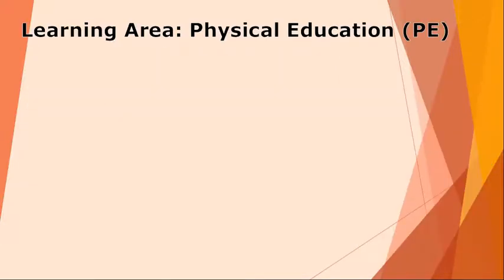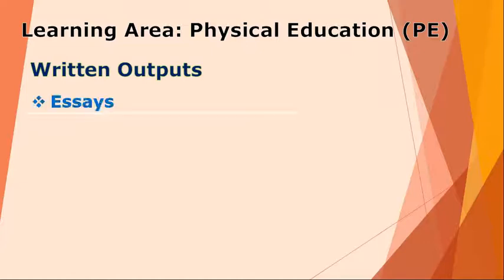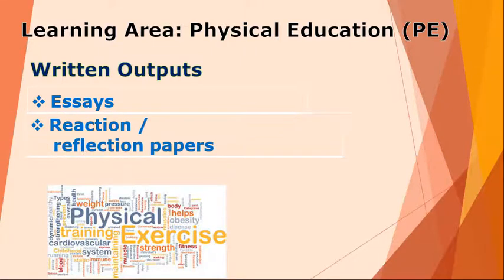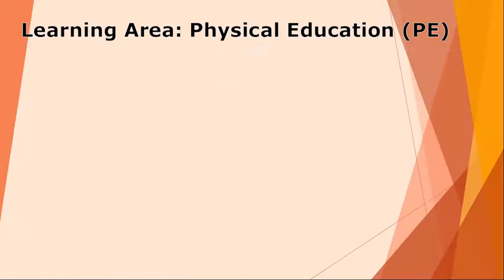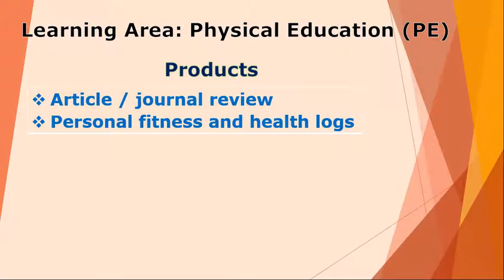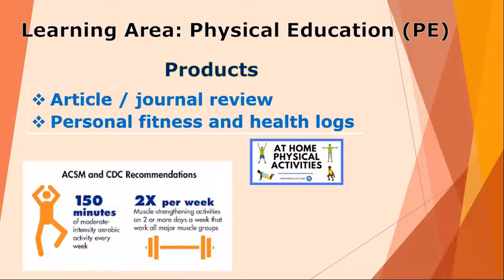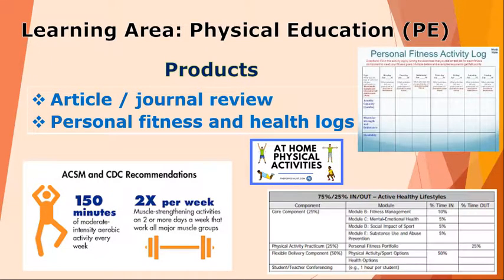For physical education, or PE, we have written outputs, essays all about physical education, then reaction or reflection papers, research projects. Then also products: article journal reviews, personal fitness and health logs, and portfolio, of course.